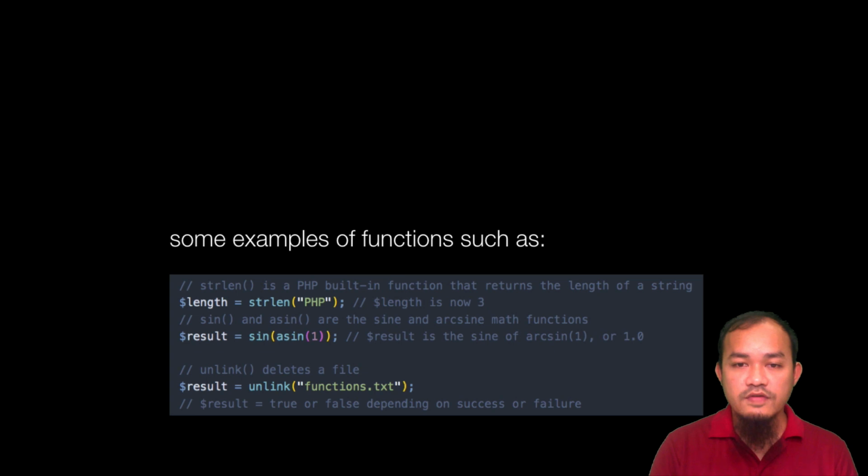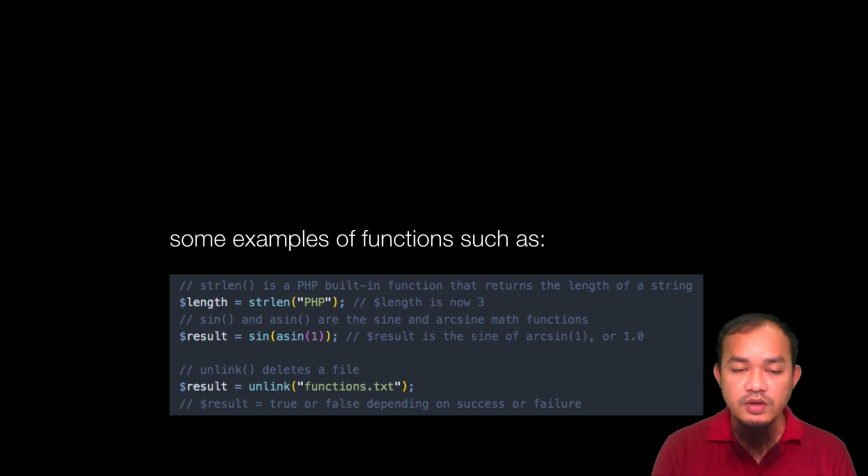Some examples of functions: if we want to count the length of the string, we can use string length. If we want to calculate the sign, we can use sign. This is the built-in function. And also unlink, this is a built-in function provided by the programming language.